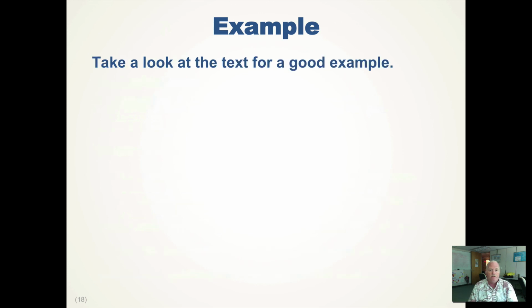And if you want a really good example of this process, read the text. The author has a great example that goes through decks and cards and hands and how to build up a game, the high-low game. I really recommend that you go through and take a look at that example in the text. I'm not going to go through all that. You can read it for yourself. Thank you for your attention.